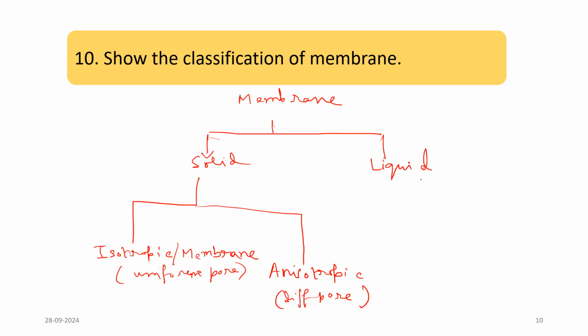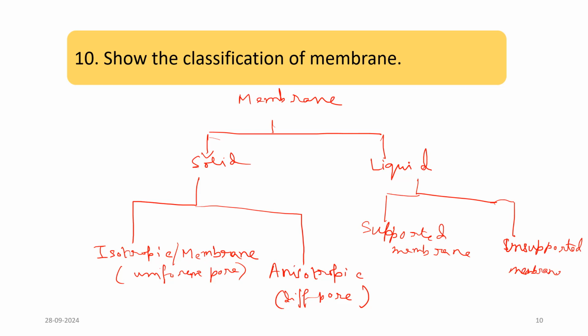So liquid membrane needs to be supported somehow. So liquid membrane, when it is filled with pores, it is called the supported membrane, and another one is the unsupported membrane. Okay, so these are the basic classification of membrane.